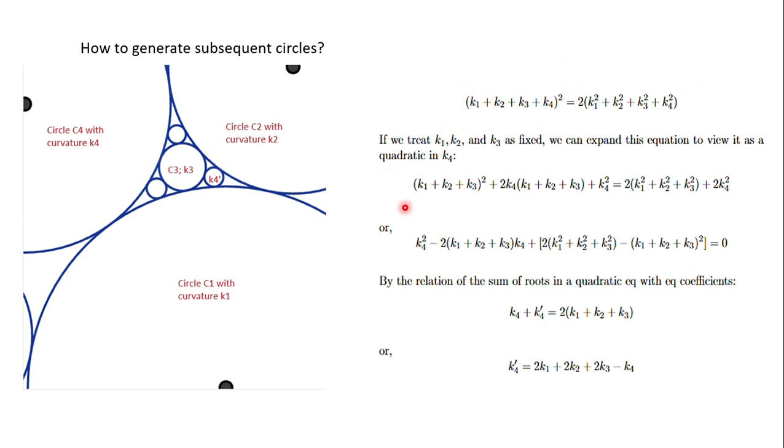We start with the relation that we derived, and essentially we treat it like a quadratic in K4, and then by simple middle school algebra, sum of roots of quadratic. So K4 has two roots.